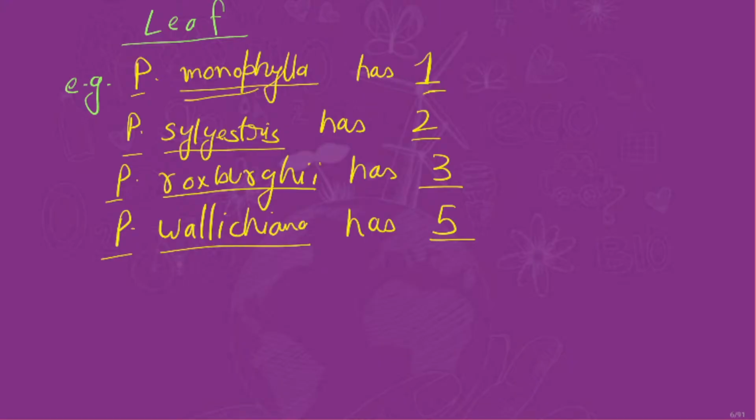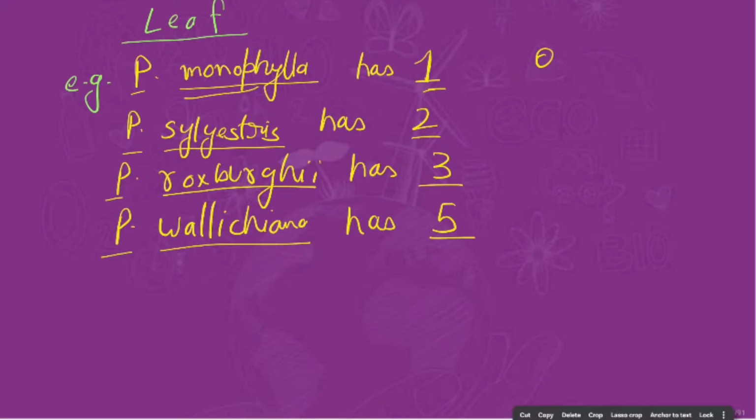In the two-needle pine, it is semicircular. In three-needle pines, the roxburghii, it is triangular in shape. This is a special character of this unique Pinus needle.